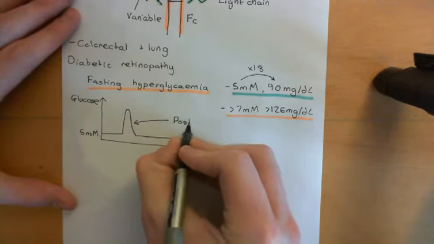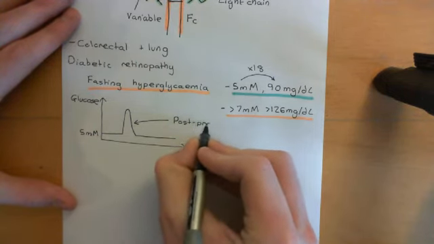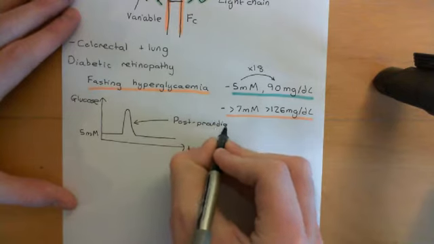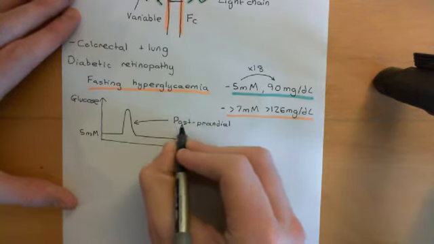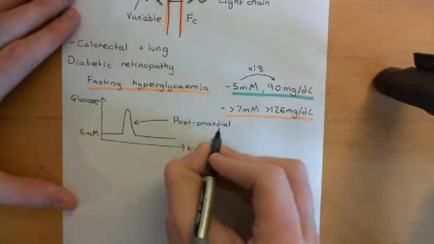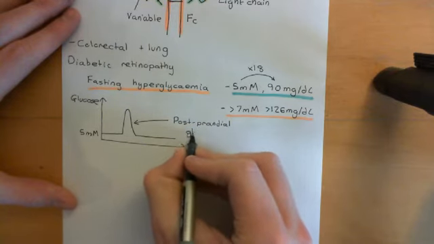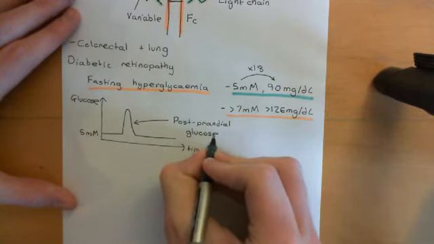So this is what's called a postprandial glucose spike, and these occur in everyone basically. When you eat, you get a postprandial, post meaning after, prandial meaning eating, glucose spike, or we'll just call it a postprandial spike.